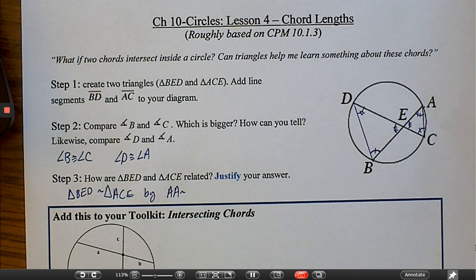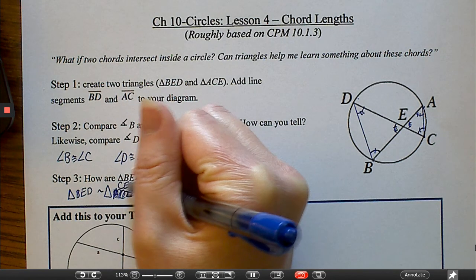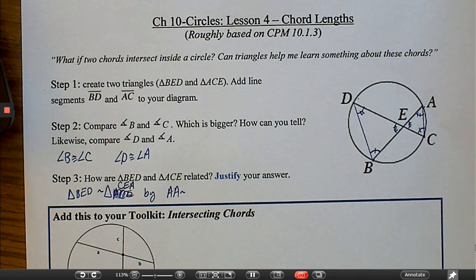Although I did not name those properly, did I? Because BED should go with CEA. Remember, the order is important when you're comparing. So B goes with C, E goes with E, D goes with A. There you go. Now, how does this help us figure out their lengths?